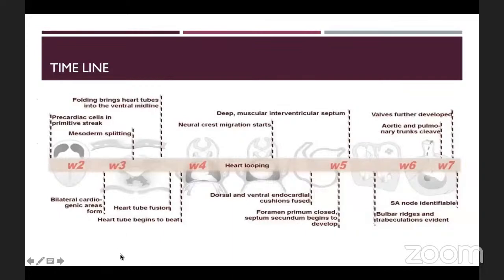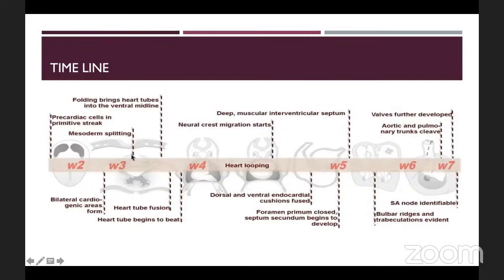So the timeline of heart development in fetal life starts at the beginning of the second week, when pericardial cells in the primitive streak and the bilateral cardiogenic areas form.